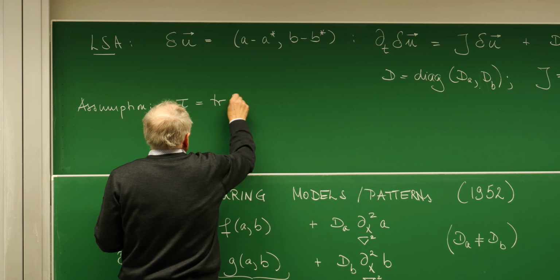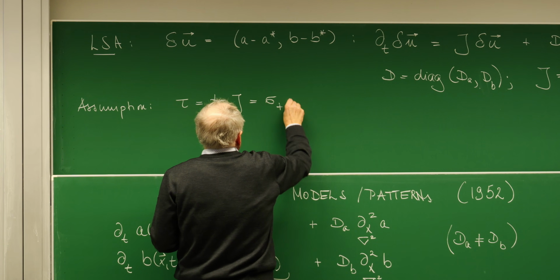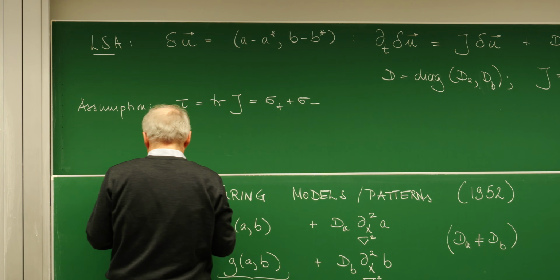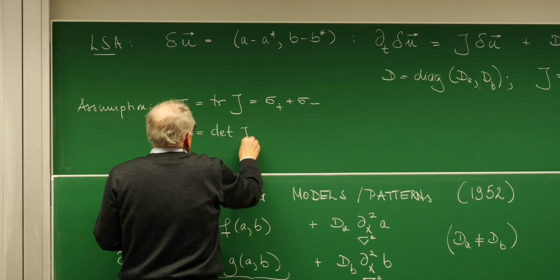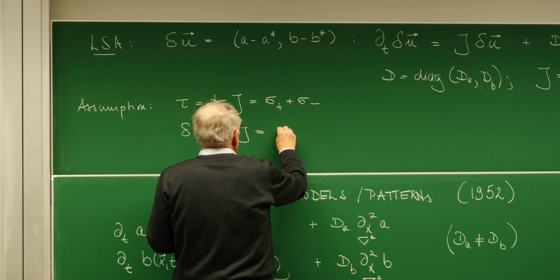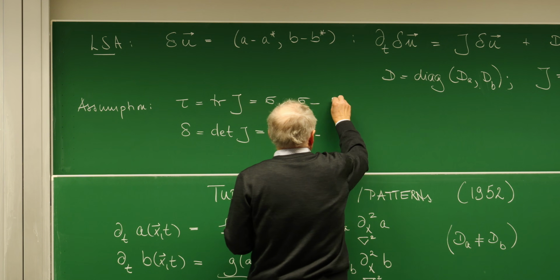So if we look at the trace of the Jacobian, which is the sum of the eigenvalues, and when we look at the determinant of the Jacobian, that's the product of the eigenvalues.